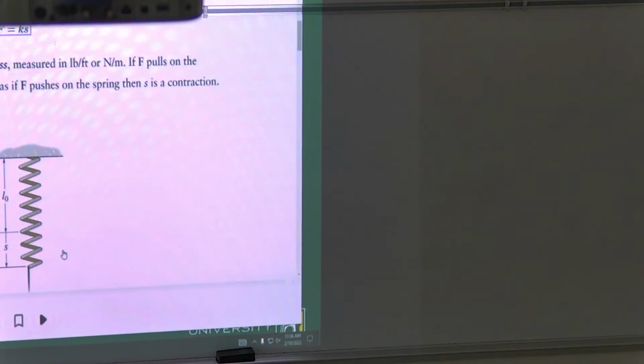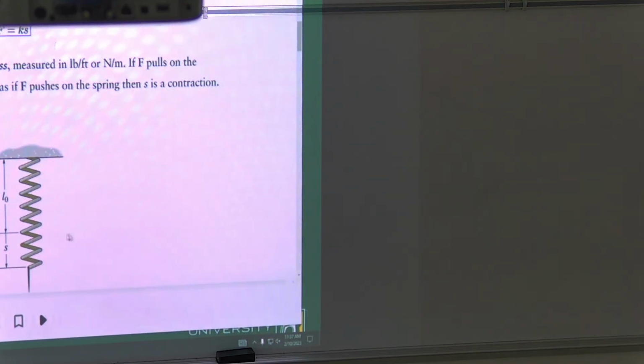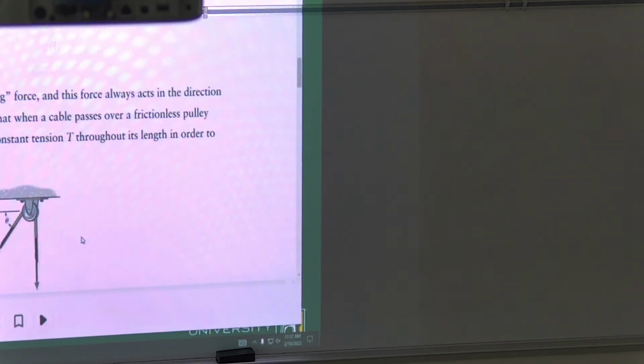You've seen that before. F is equal to Ks, where F is your force and s is the stretch. And if it's a linear spring, k is just the slope. And so if it's unstretched, it has no force. You start stretching it, it starts having a force.